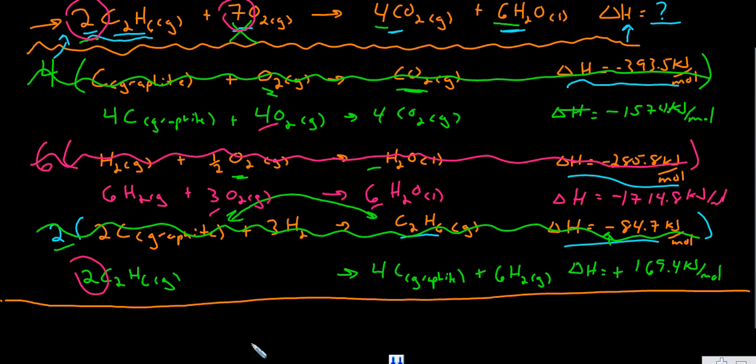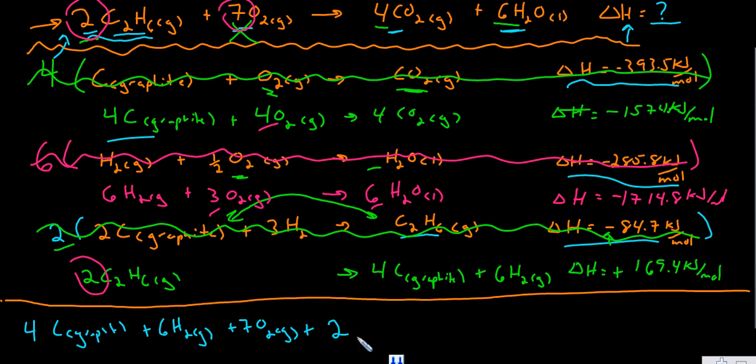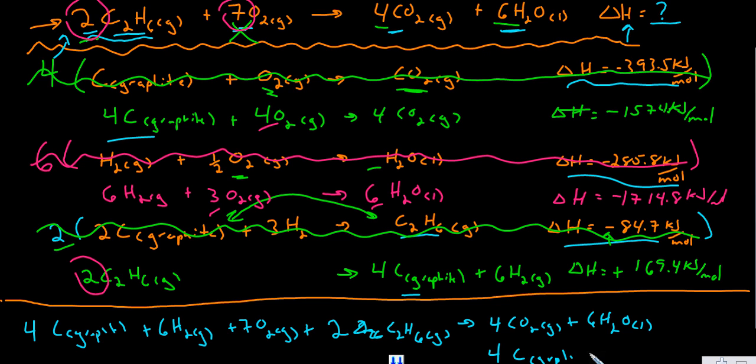Let's see. I guess I can start from here. 4 carbons in graphite form plus 6 H2s in gaseous form plus 7 O2s in gaseous form plus 2 C2H6s in gaseous form gives, on the right now, 4 CO2s in gaseous form, 6 waters in liquid form, 4 carbons graphite, and 6 H2s gaseous.